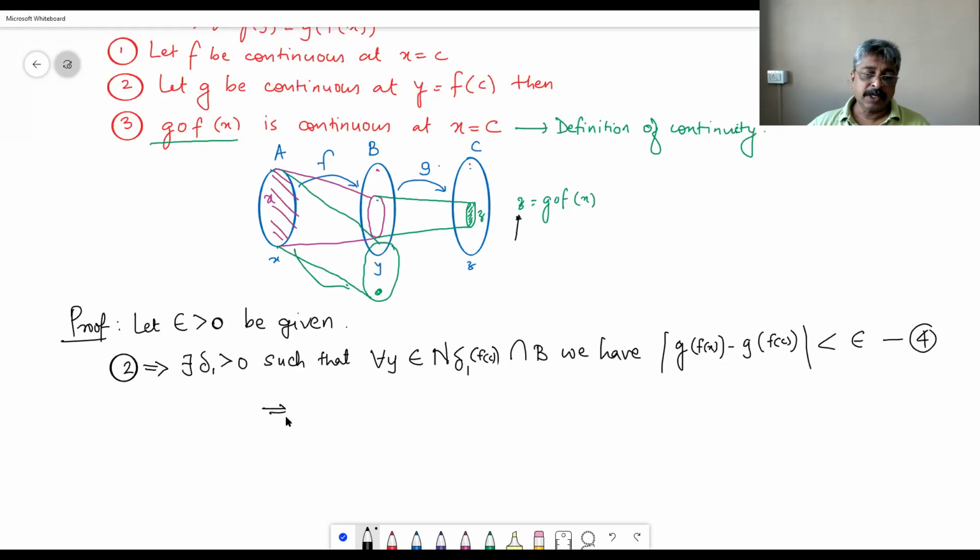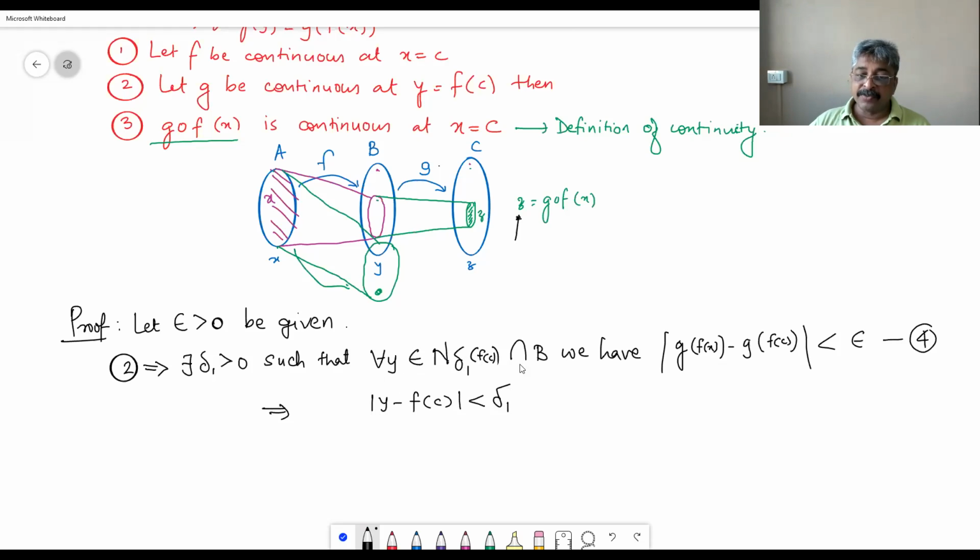Okay, so let us write down what we mean by this statement, y belongs to. This means the absolute value of y minus f of c is less than delta 1.